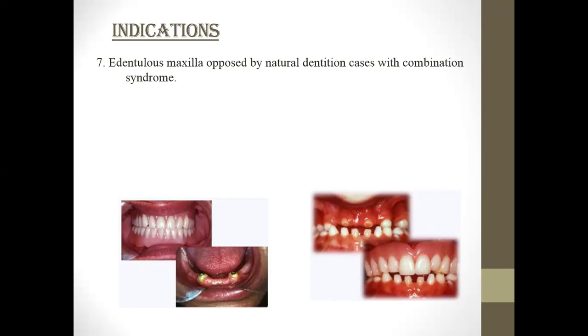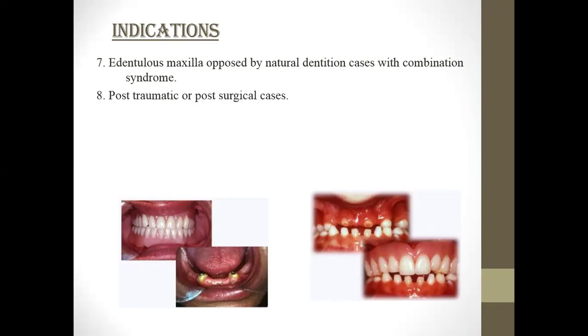Like, there are natural teeth only in the anterior segment, and the posterior segment is edentulous, right? So in those conditions, we expect the patient to develop a combination syndrome. So to avoid that, we can adopt this overdenture concept in the mandibular arch.